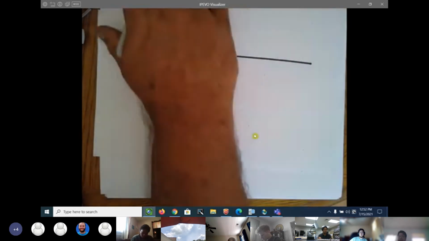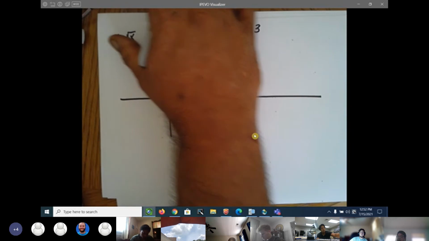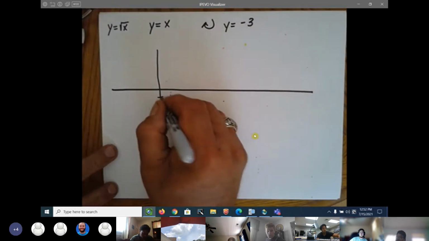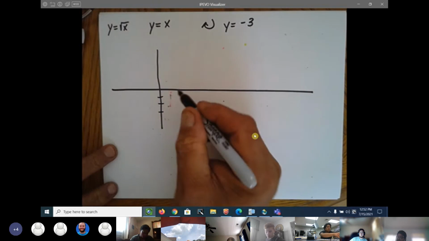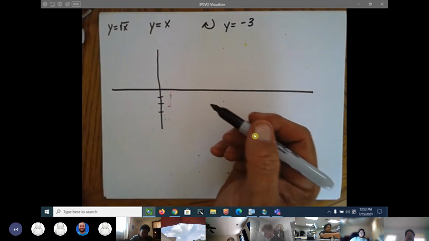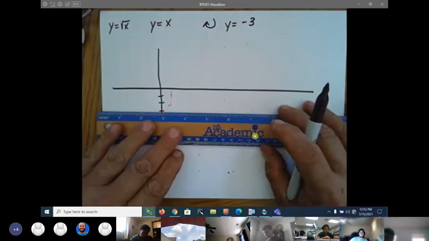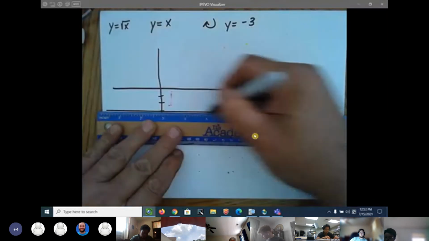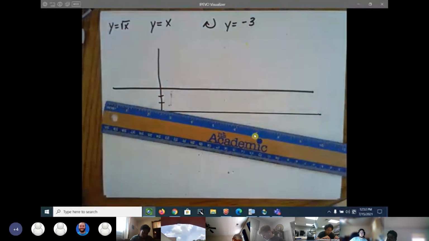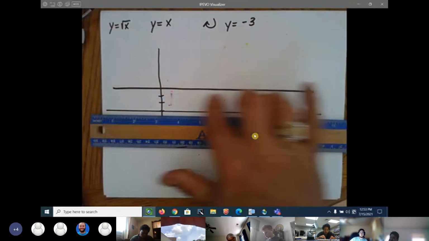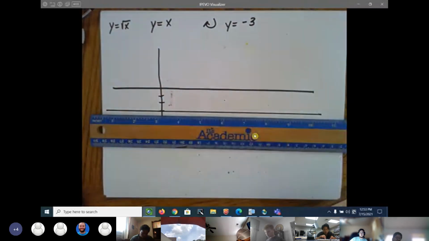So the first thing I do is I got to make a new axis. 1, 2, 3. There's my new axis, -3. And I'm going to highlight this one green because that's my new axis. This axis up here, it technically doesn't exist anymore.